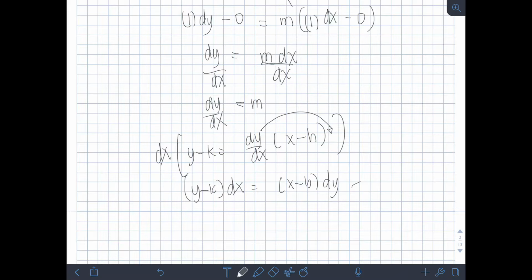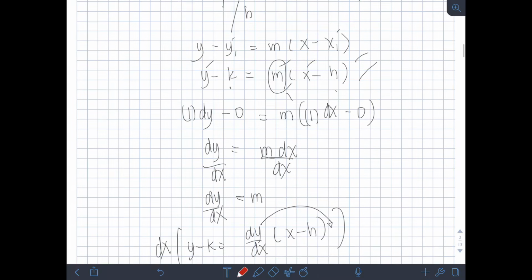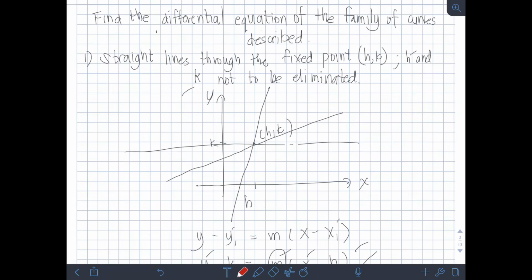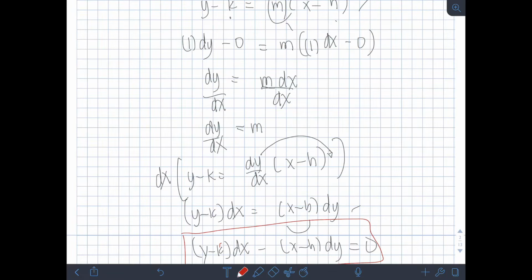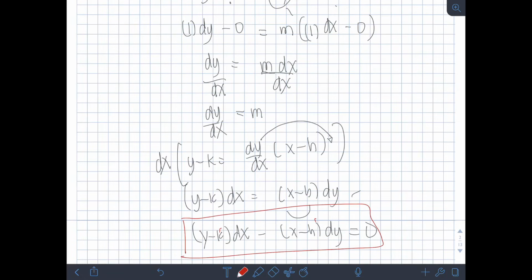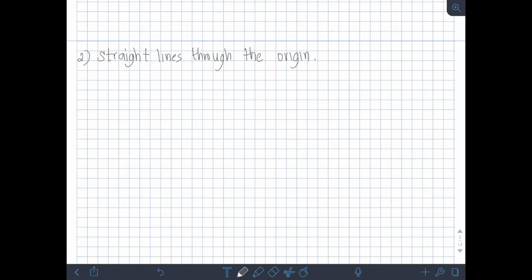Now, pwede pa nating i-transpose to sa kabila, magiging (y minus k) dx minus (x minus h) dy is equal to 0. So therefore, this is the differential equation for the family of curves that is a straight line through the fixed point (h, k), and (h, k) is not to be eliminated. Okay? Kasi na-retain pa rin naman natin dito yung k tsaka h sa differential equation. Okay? Next, we have straight lines through the origin.